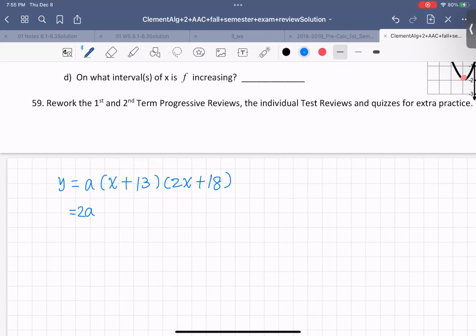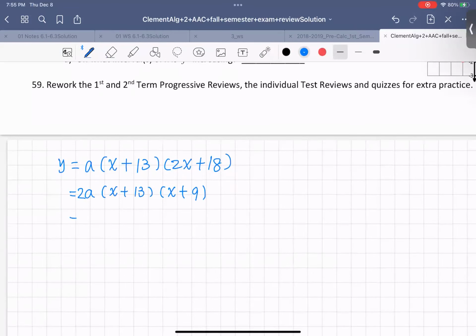So this becomes 2a times x plus 13 times x plus 9. Okay, everybody on the same page? And then this is 2a times x squared plus 13x plus 9x plus 13 by 9. Everybody have the same result?